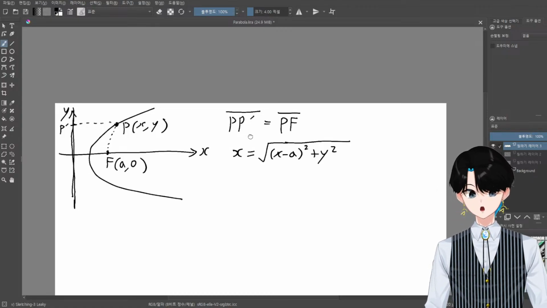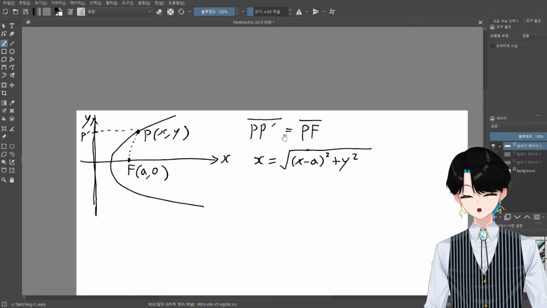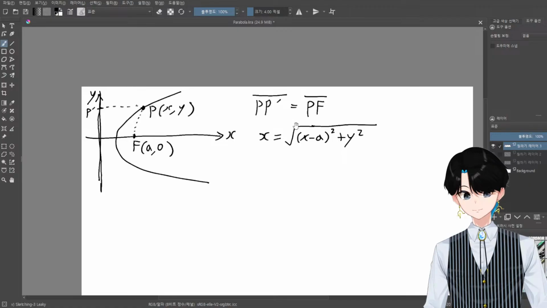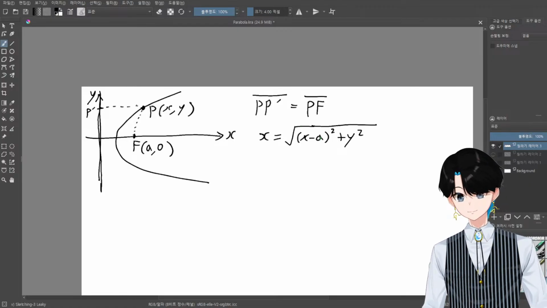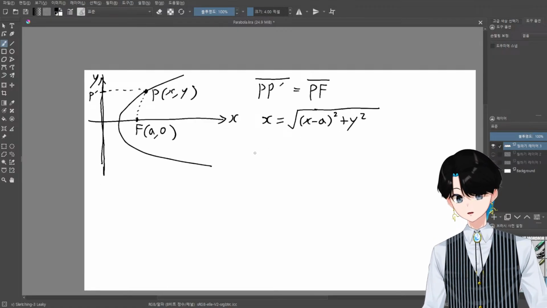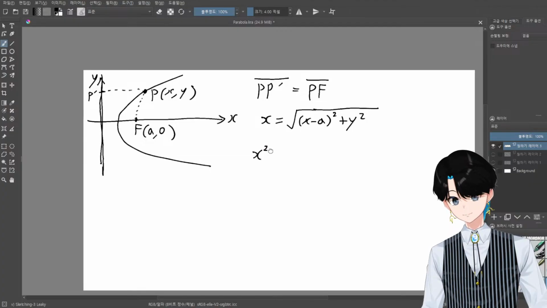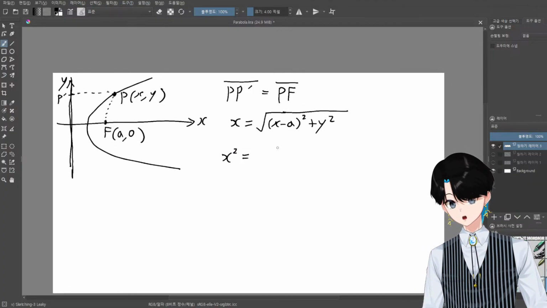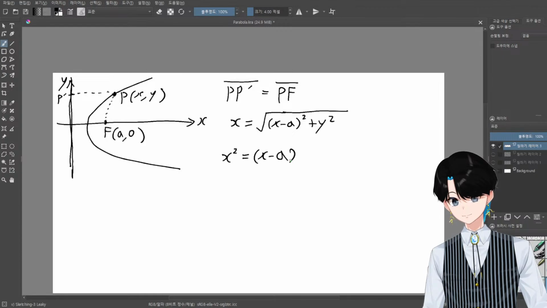Okay, so the PP value is x and the PF value is this. This is actually going to be a really quick stream.